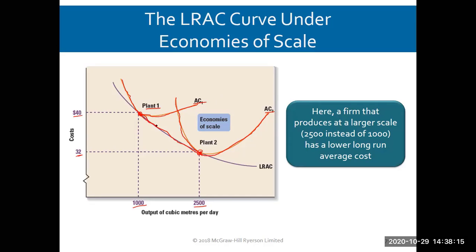But when we draw the line from there to there, that's the beginning of our long run average cost curve, showing economies of scale. And if we had more and more curves, that could continue in its downward slope. But what it means is we've got declining long run average costs when we're seeing economies of scale, when we're seeing cost savings as we increase the size of our plant.